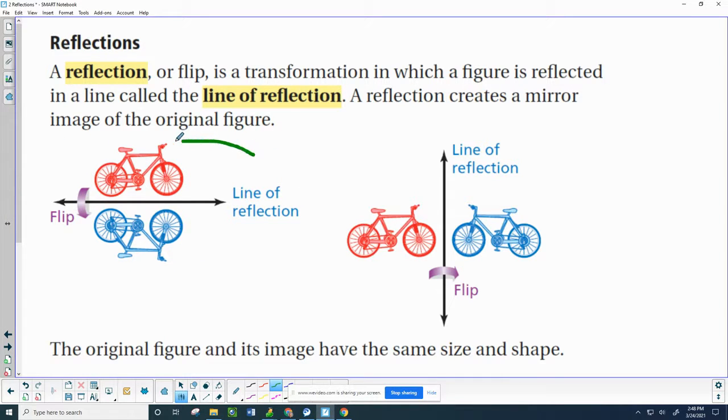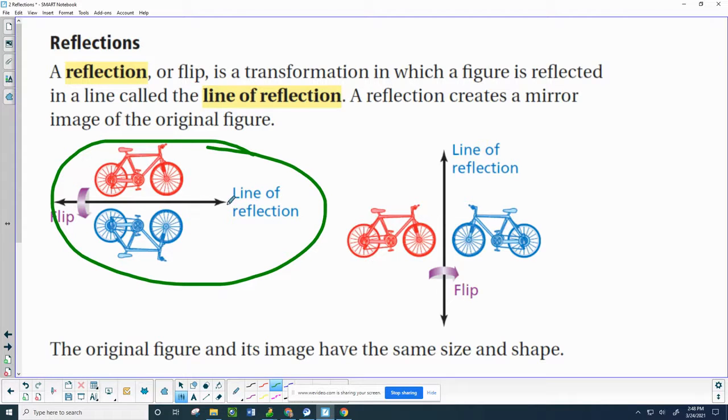This first one, they're basically flipping the bike over a horizontal line, and in our assignment today, we'll be flipping it over the x-axis. In this case, they're flipping the bike over a vertical axis, which we call the y-axis, and you get an image that looks like that.